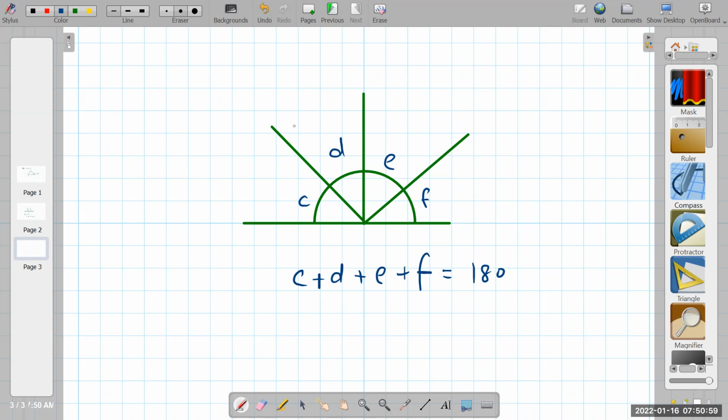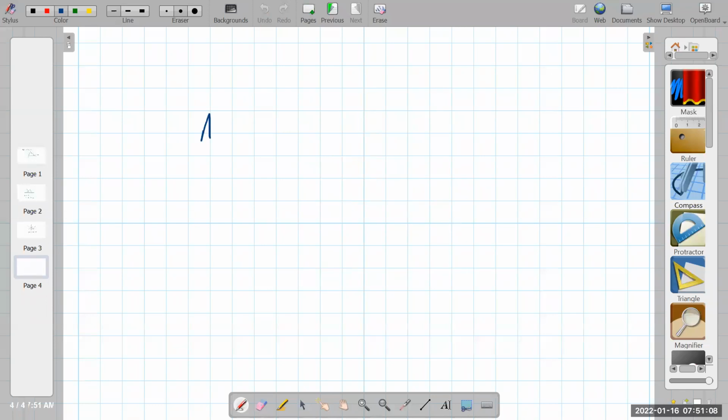Now, angles on a point. The next one is angles on a point. The sum of the angles on a point is equal to 360 degrees.